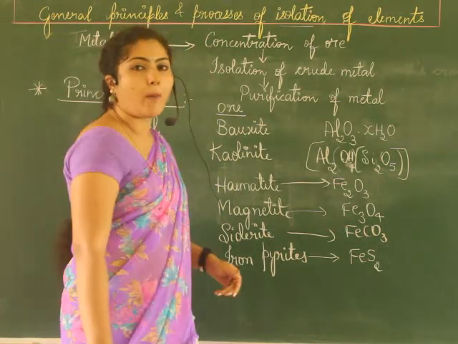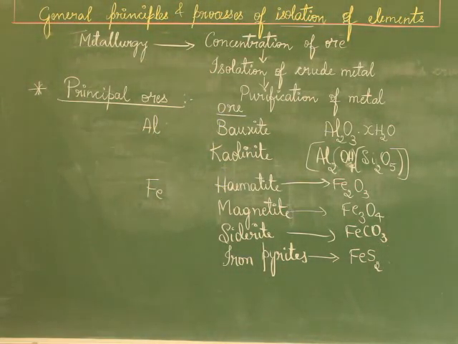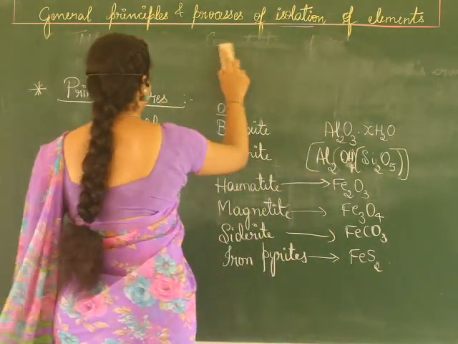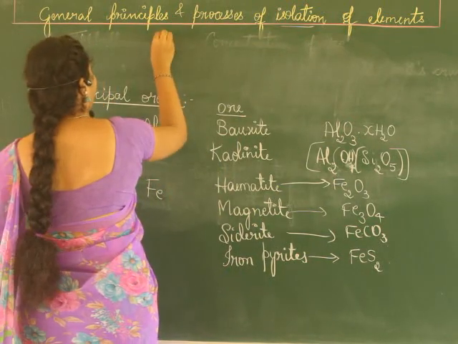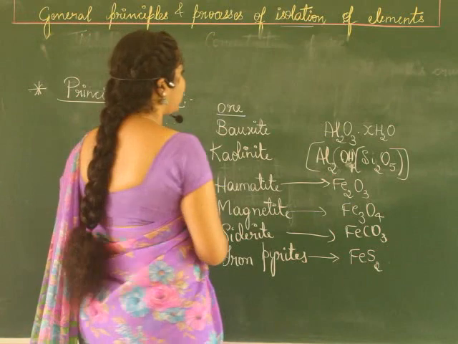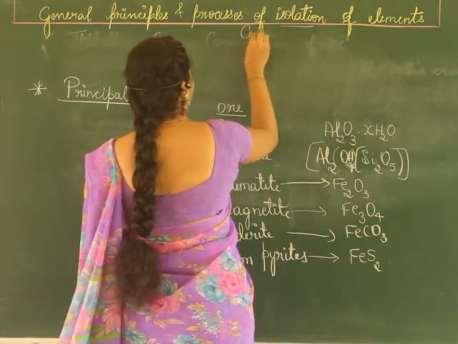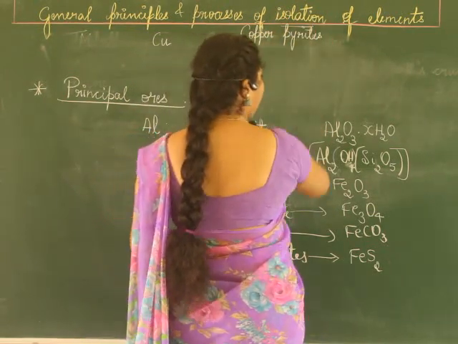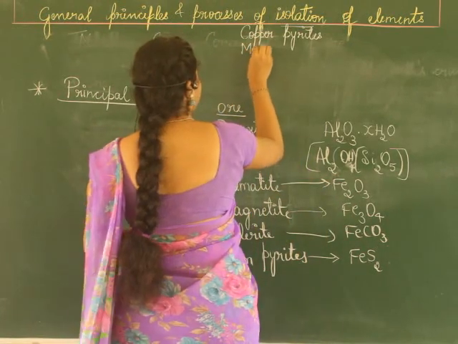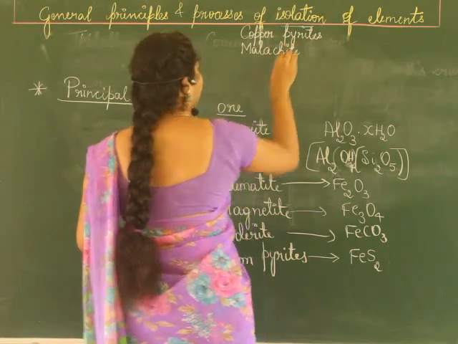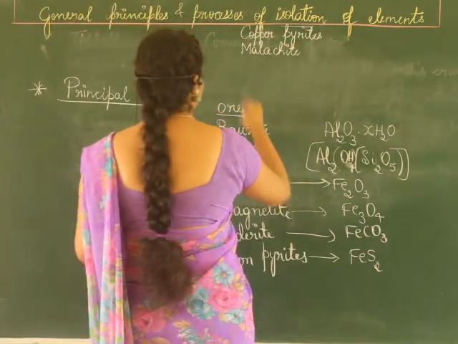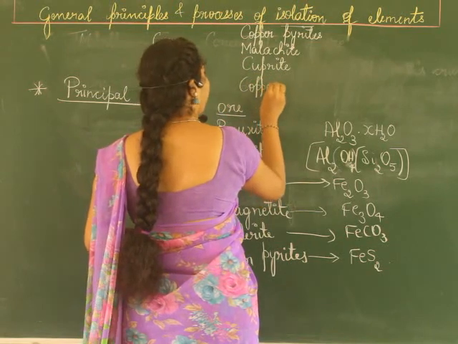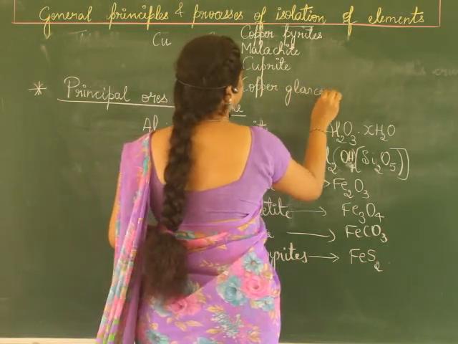Let us see copper and zinc as well. For copper, the chief ores can be copper pyrites, malachite, cuprite, and copper glance.